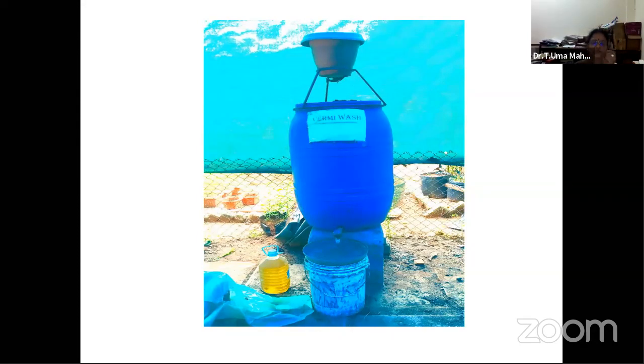This is a simple arrangement for collecting vermi wash, which is used directly as a ready-made tonic for plants in roof gardens and other areas.